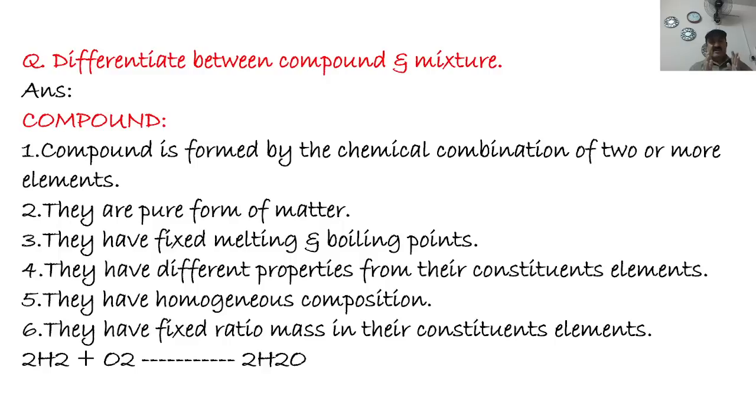Homogeneous means the components are uniform throughout the compound, the composition is constant, like water: water will be water throughout the world. Number six, they have a fixed ratio by mass of their constituent elements, like 2H2 + O2 gives 2H2O. If we take 2 moles of hydrogen and 1 mole of oxygen, it gives us 2 moles of water. So these were the main points of a compound.